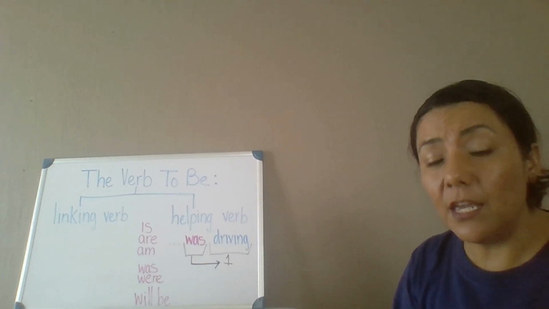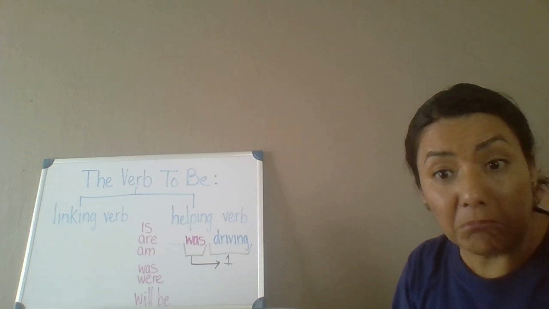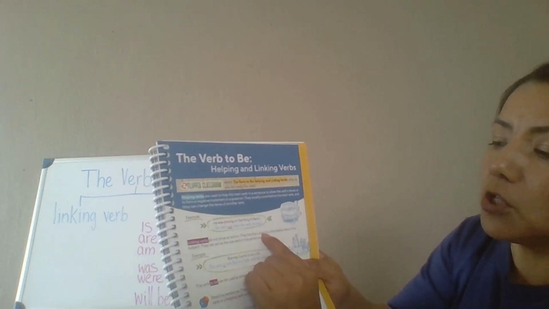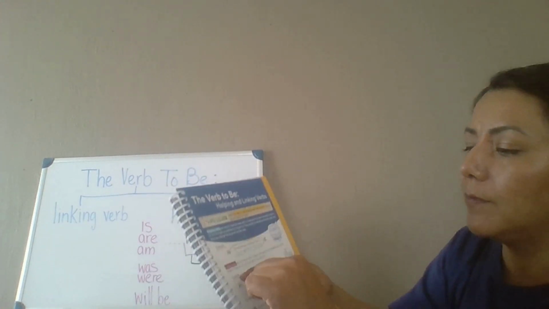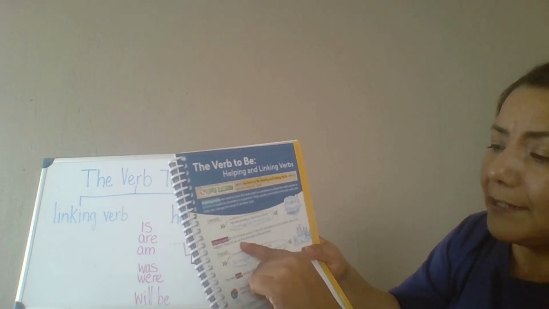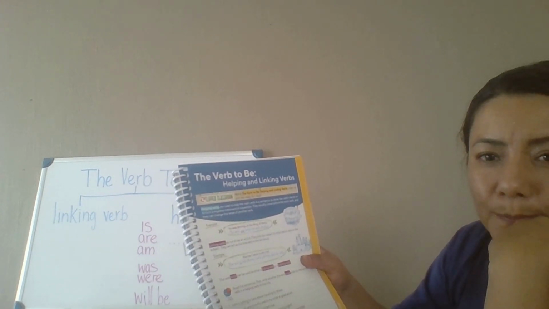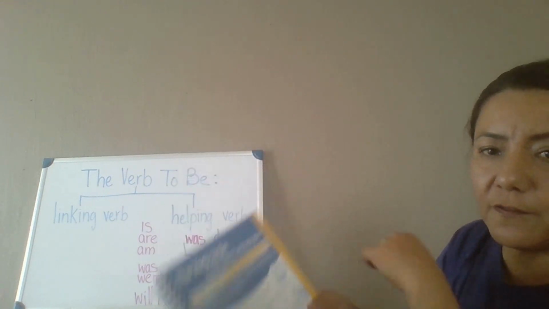Okay, linking verbs don't show an action. They are verbs, but you don't see an action. They link the subject to information about the subject. And they can act as the only verb in the sentence. Example, Blarney Castle is very old.